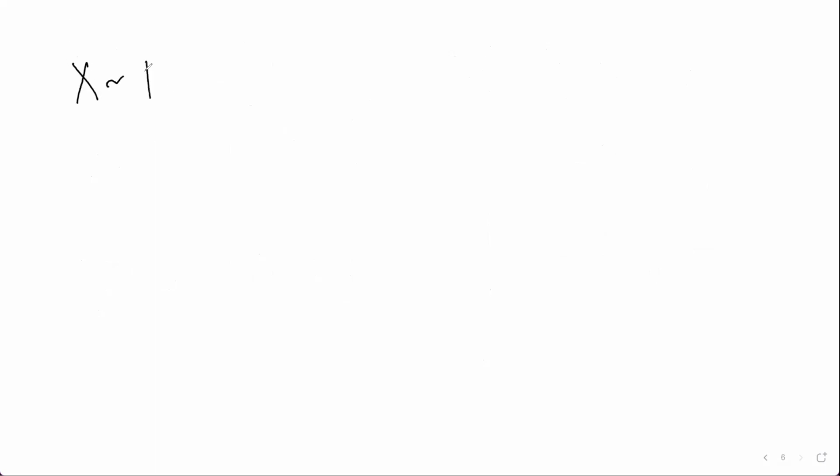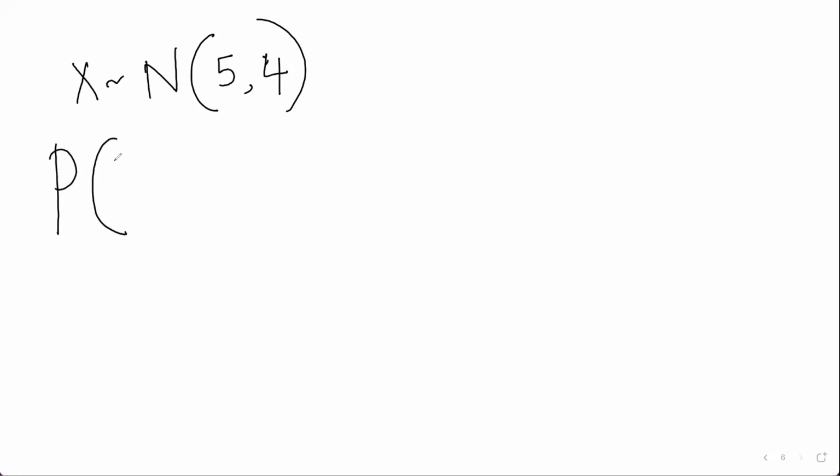X is normally distributed with, let's say, mean 5 and variance 4, easy to compute. Given a normal distribution with mean 5 and variance 4, we are asked to compute the probability that x is less than 2.